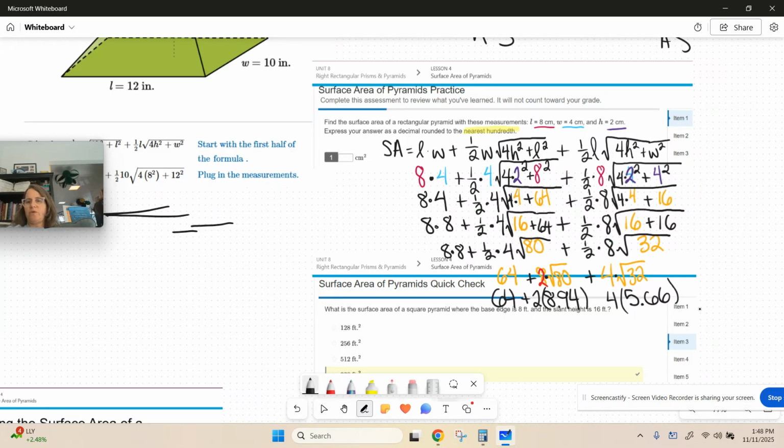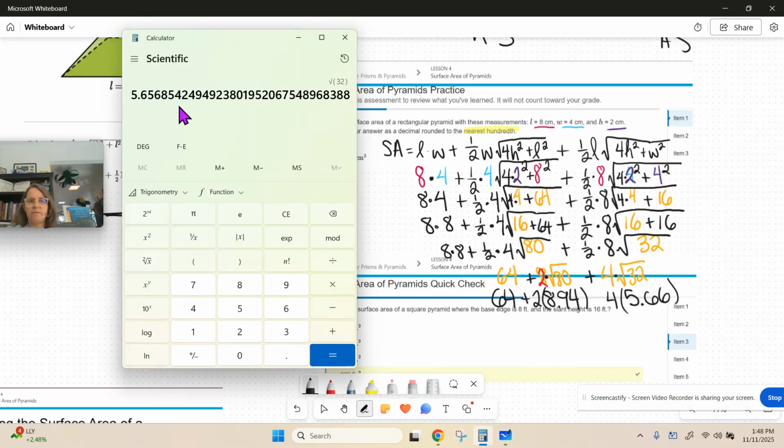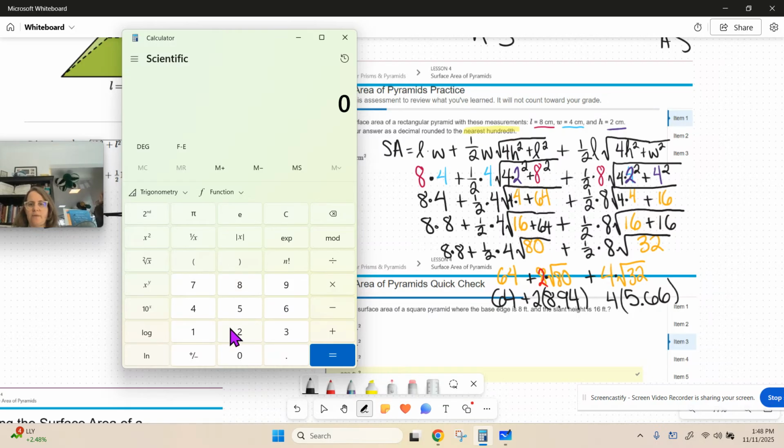So I'll go ahead and multiply those, and then I can add everything together. So 2 times 8.94, 17.88.